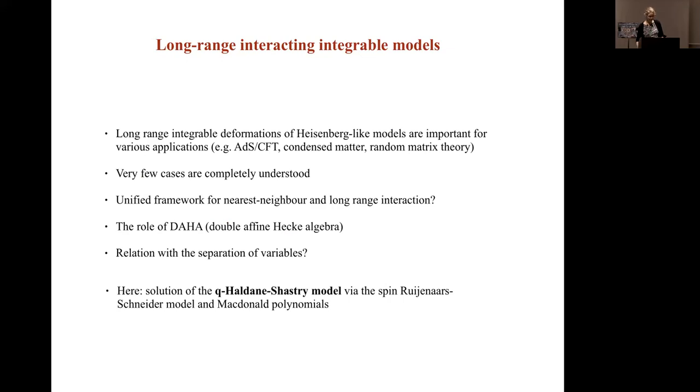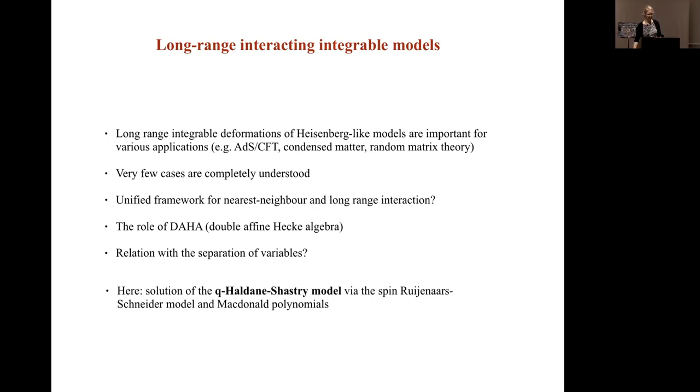So one of the purposes of what we are trying to do is to get a unified framework for nearest neighbor interacting models and long-range interacting models. And there is a very tight, beautiful mathematical structure which helps us to do this.